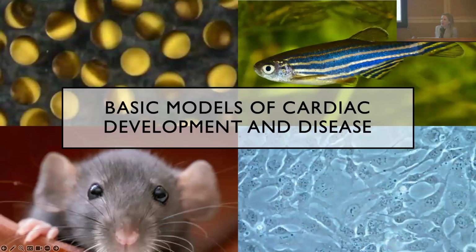Traditionally, basic scientists have used various models to study the heart in terms of both development and disease. The one that most people are probably familiar with is the mouse, but there are various other models that we've successfully used in these contexts. And actually, both the zebrafish and chick embryos have contributed a lot to what we know about cardiac development.